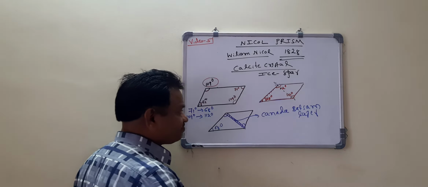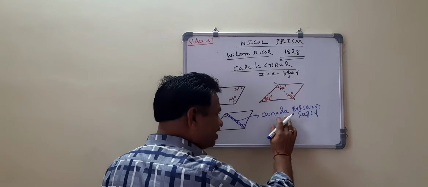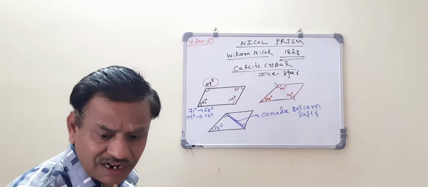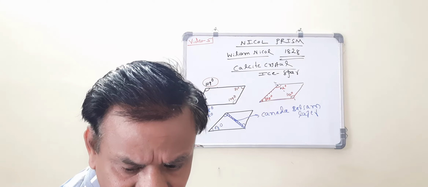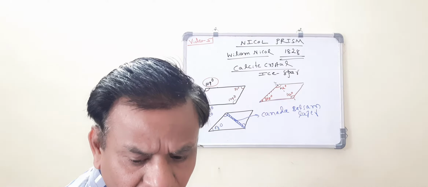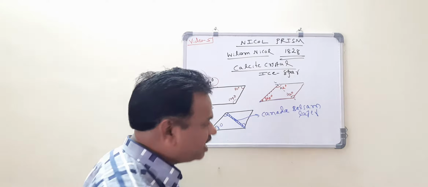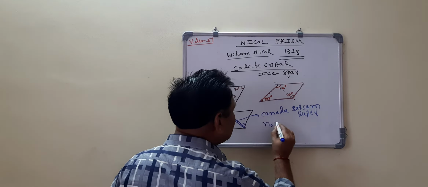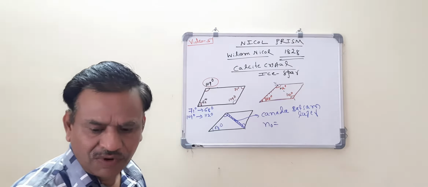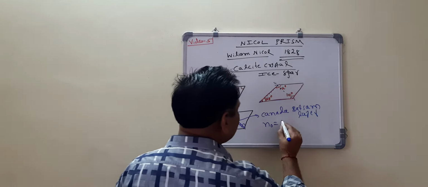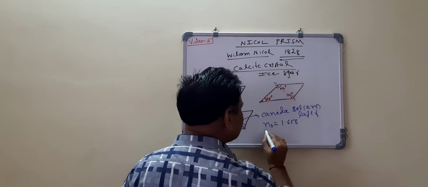Remember, students, the refractive index of the Canada balsam layer lies between the ordinary and extraordinary rays. The refractive index of the ordinary ray is 1.658.